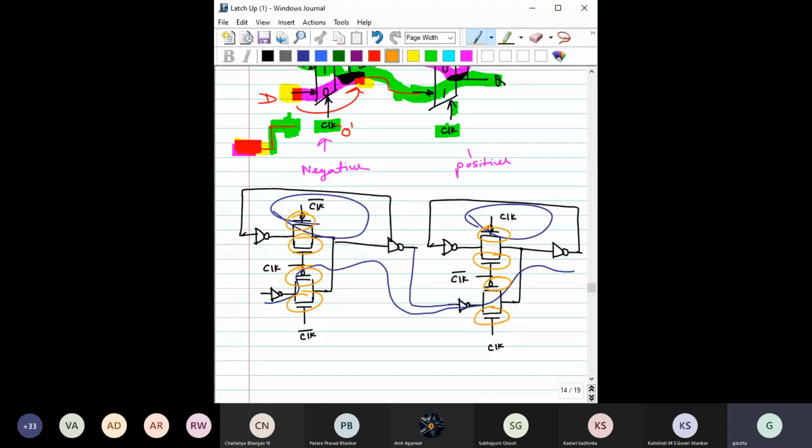Then 8 transistors. Then you have here 1, 2, 3, 4, 5, 6. So 6 inverters means 2 transistors each, 12, and 12 plus 8, 20. Right? So you need to store 1 bit. How many transistors? 20.